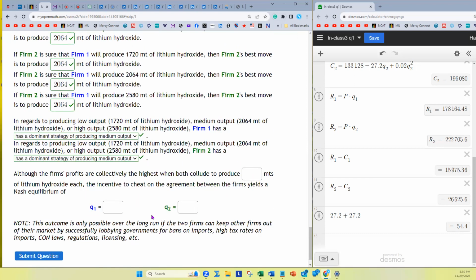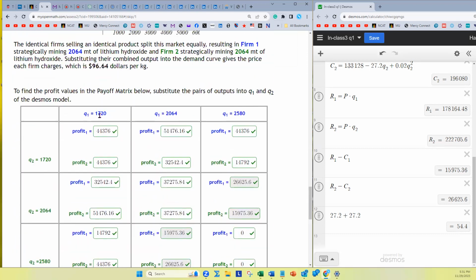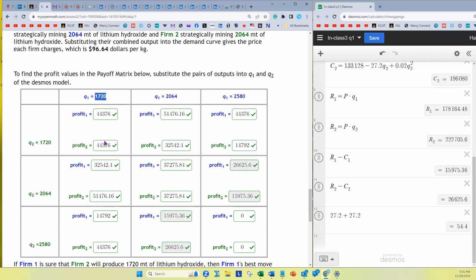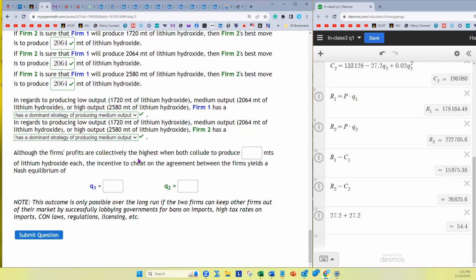Now, although the firms' profits are collectively the highest when both collude to produce 1720, collectively the profits are the highest here, right? We're talking like 88,000 here. Here, collectively, the profits are 83, right? Here, the profits are collectively 88. So both firms produce 1720 high output.